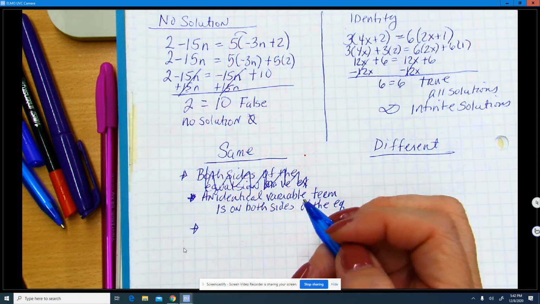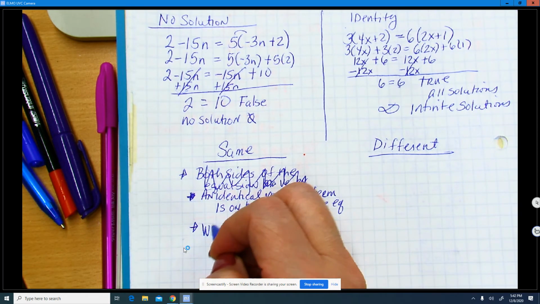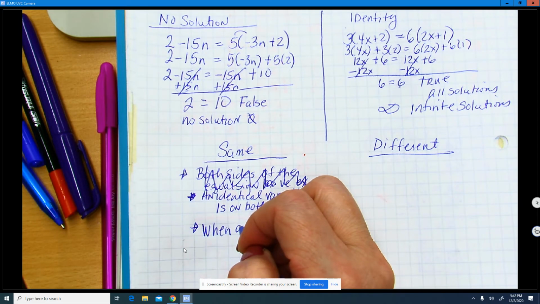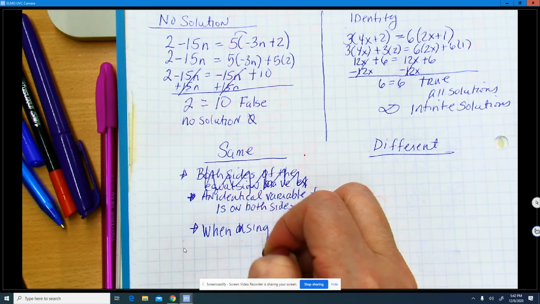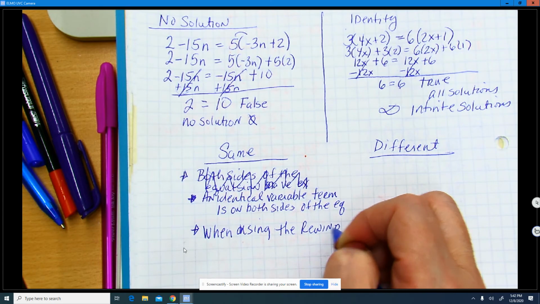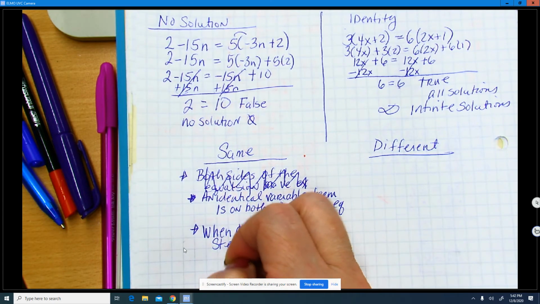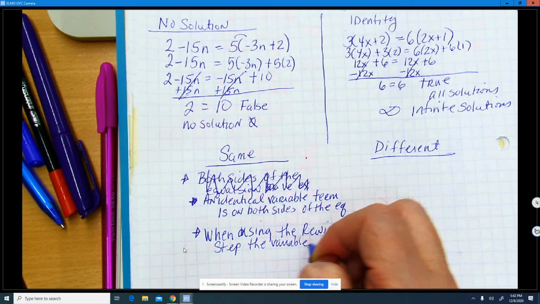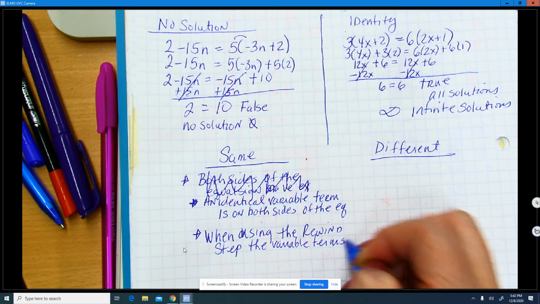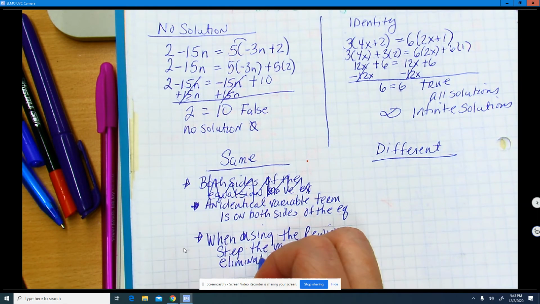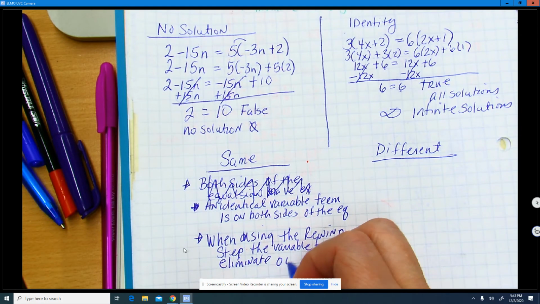Another thing that is the same: when using the rewind step, the variable terms eliminate out.